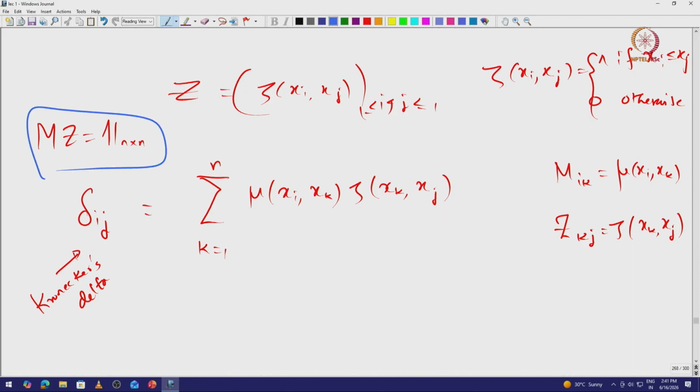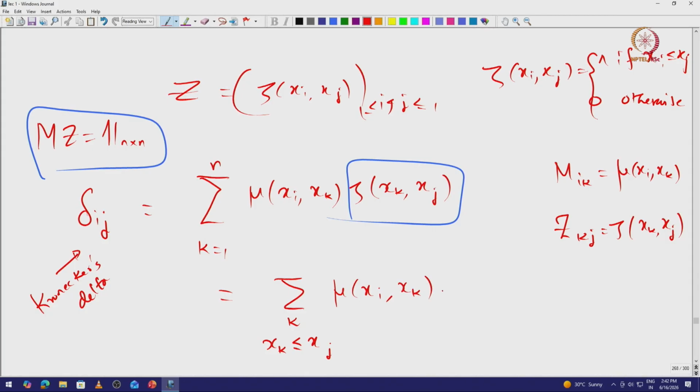Now recall that zeta of x_k x_j is going to be 0 unless x_k is less than or equal to x_j. That means I can replace this summation by the summation over all those k such that x_k is less than or equal to x_j. So, you collect all k such that x_k is less than or equal to x_j, and you keep mu of x_i x_k times 1.